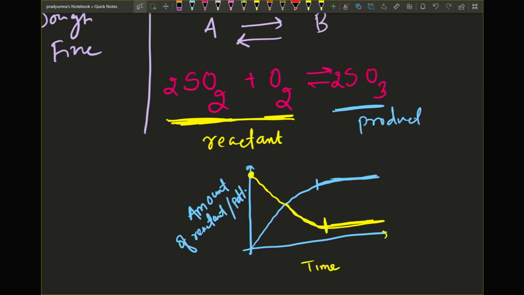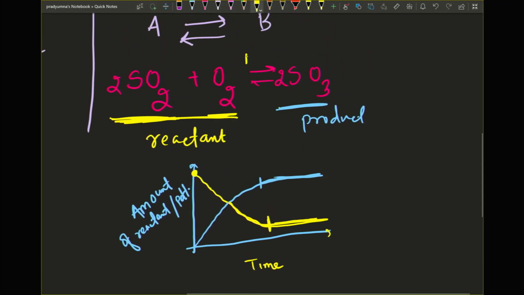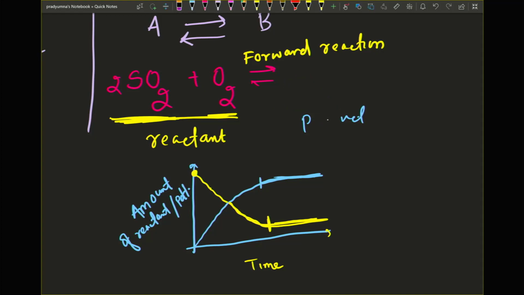If we consider the forward reaction, the forward reaction is going from left to right. That's called the forward reaction. And going from right to left is called the backward reaction. Maybe I should give a little bit bigger arrow here. Let me redraw this.